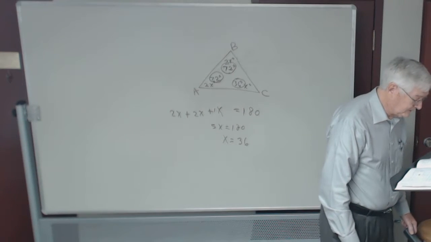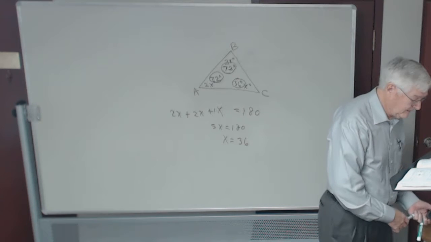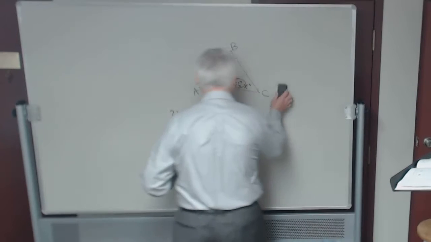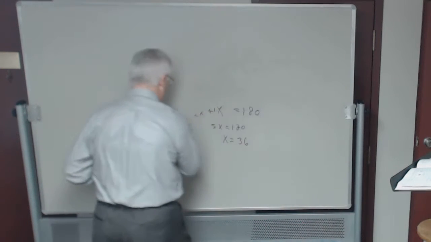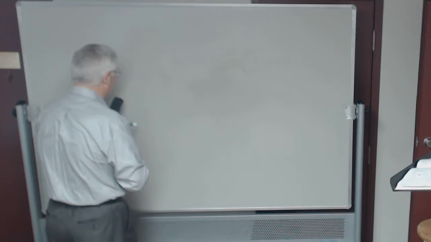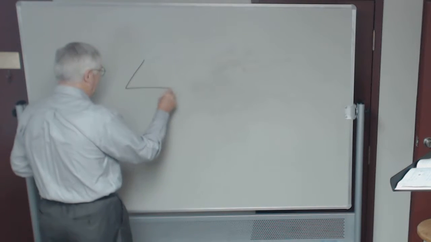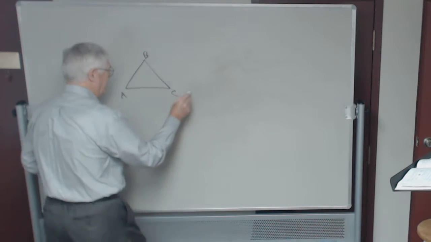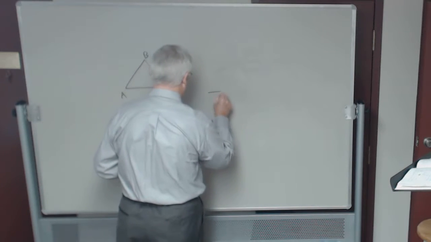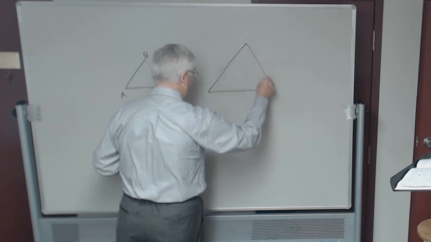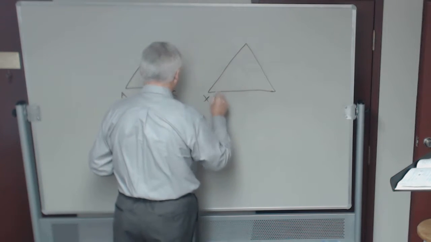Number 7. Skip it. Number 8. Triangle ABC and XYZ are similar. You know what that means, don't you? When it says they're similar, here's ABC, and here's XYZ.